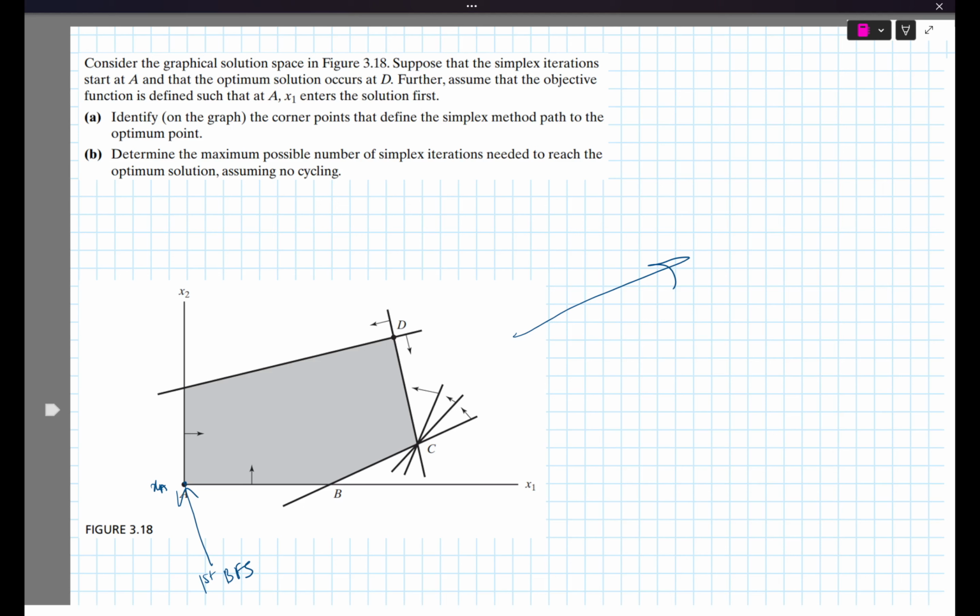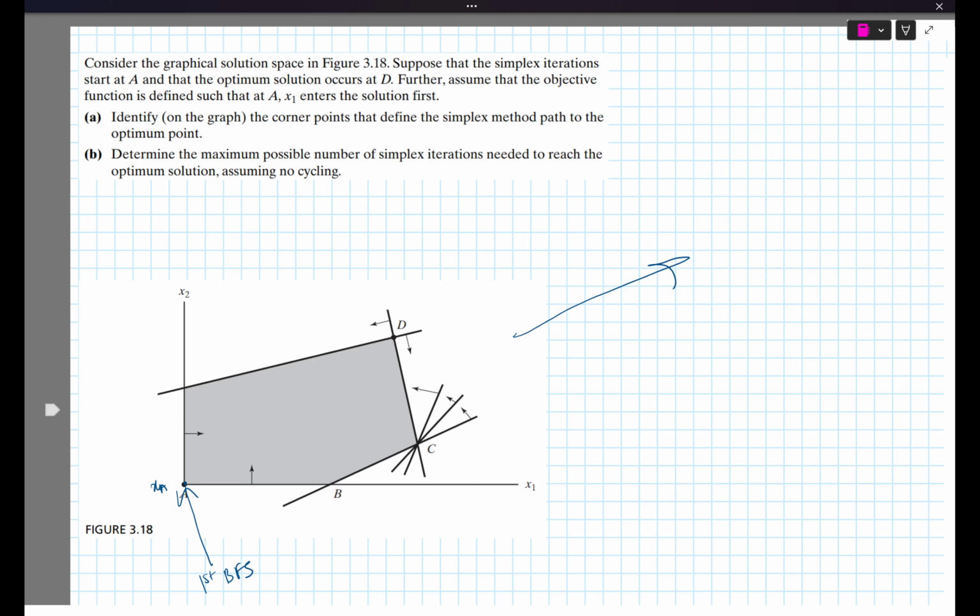It was based on which is the departing and which is the entering variable. Maybe if we start from 0, 0, we can check the value of the objective function at point B, and at the point on the x2 line, whatever, like A or E will be there. So where the maximum value occurs, we will move in that direction.